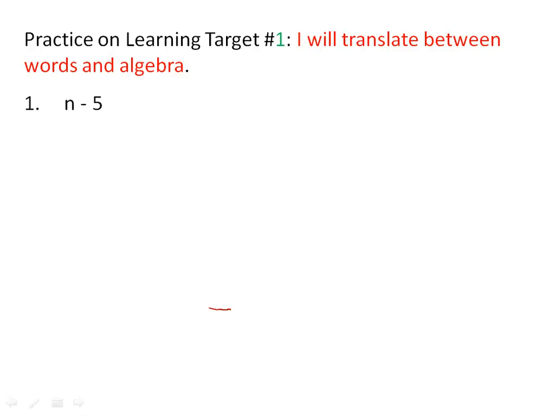So we could say that this is n minus 5. We could say the difference of n and 5. We could say 5 less than n. N decreased by 5. That's another way to describe it. So here are 2 examples of correct answers. And there's more than 2, as you know, I used several of them.